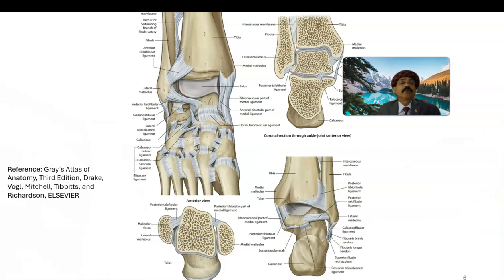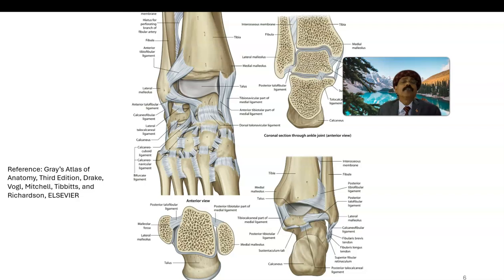So we have the anterior talofibular ligament, and the calcaneofibular ligament here. On the posterior aspect, we have the posterior talofibular ligament here. This may be damaged, but the chance is less.